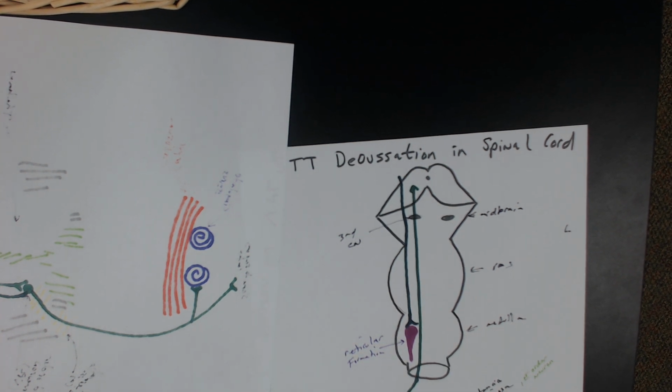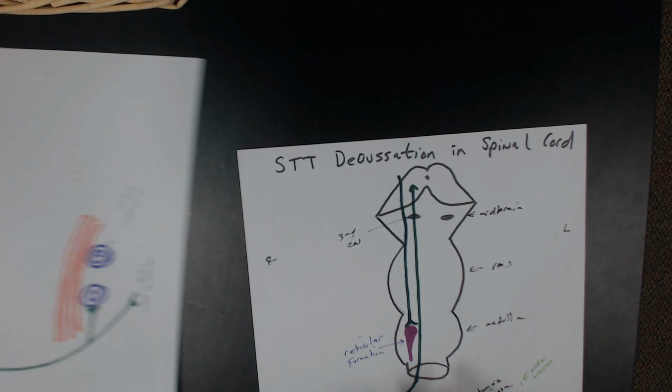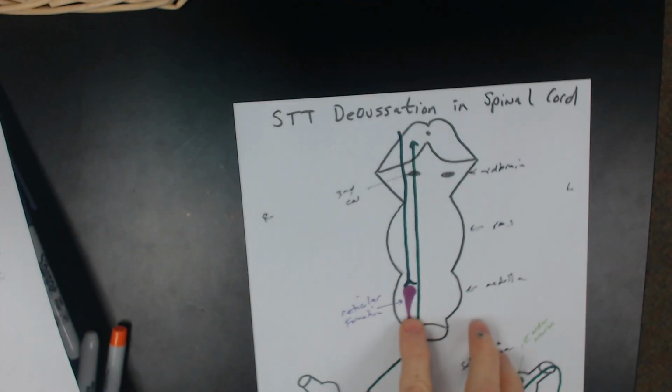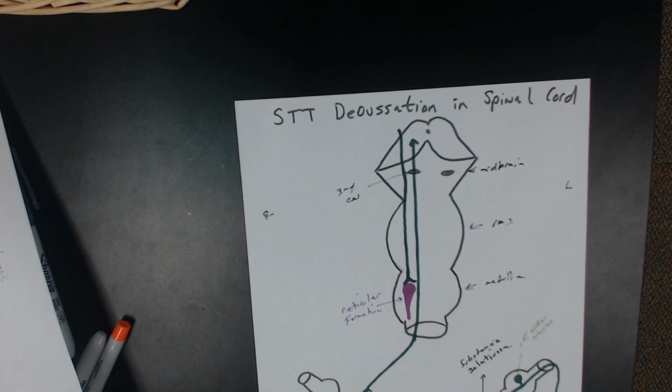Yes, and that's another way to think about it. But also with the reticular formation, why do you think that the STT would make contact with it? Anybody ever been in really super bad pain before? Broken a bone? How'd you sleep that night? Not so good, right? So that's why. The spinothalamic tract comes back down and makes sure that if you're in really bad pain, you're going to stay awake and figure out what's going on.